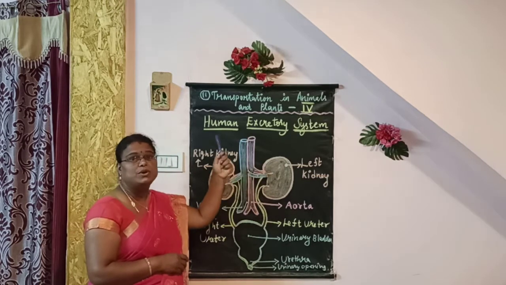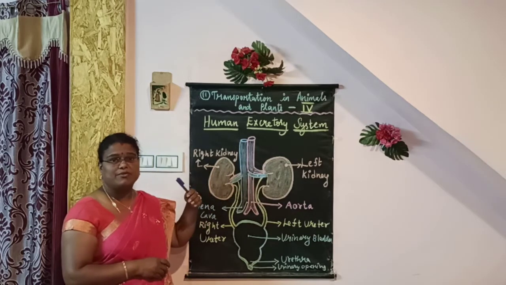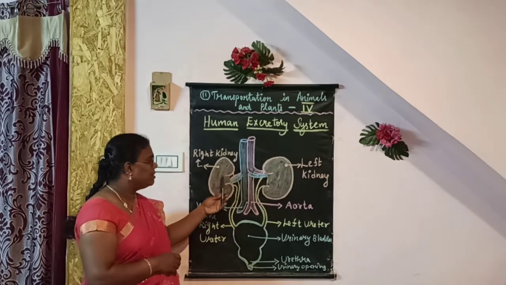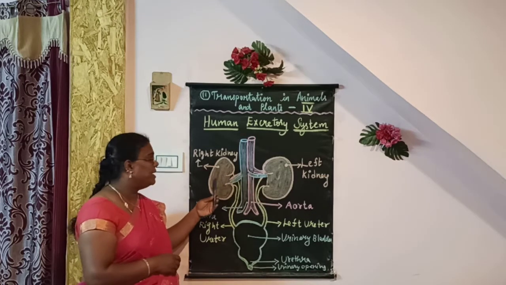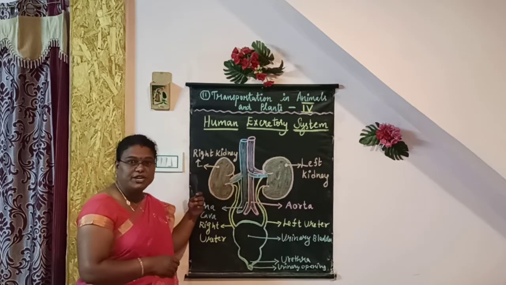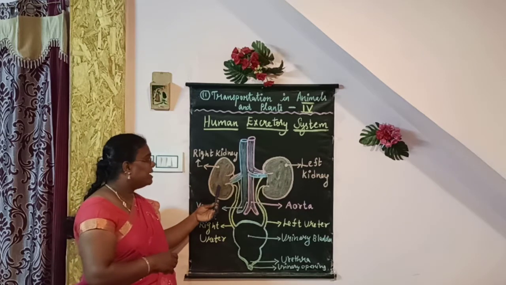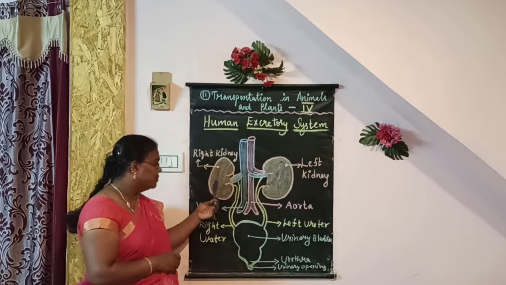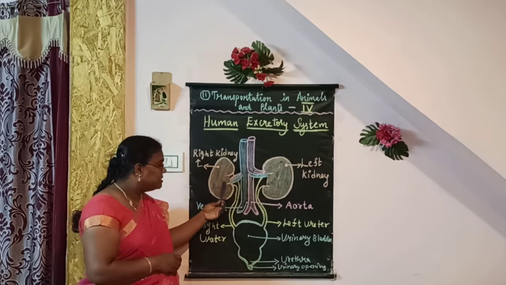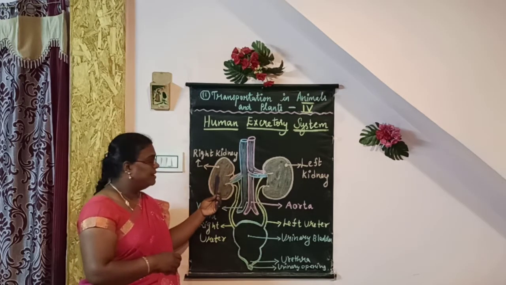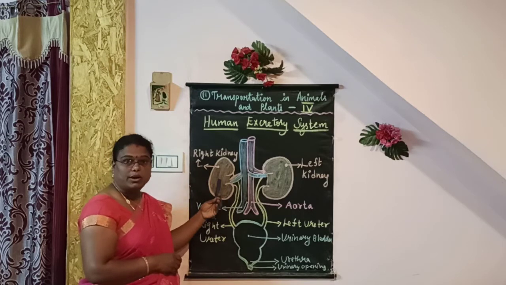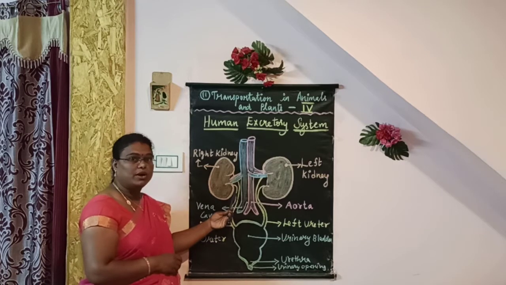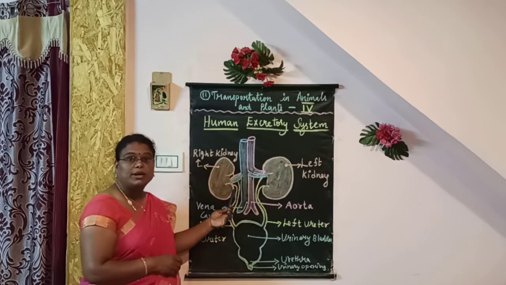Again it moves to various parts of the body, or it goes to the heart. Here blood separation, purification, or filtration takes place. The separated, filtered toxic substance, urea, is collected by the kidney, and along with water, this urea plus water, the final product, is called urine.